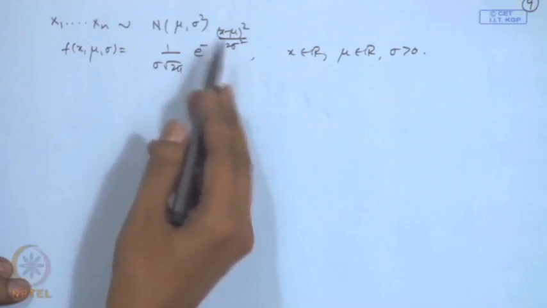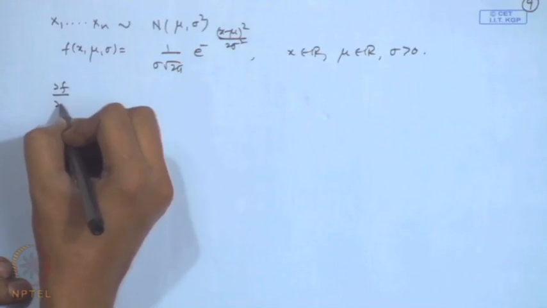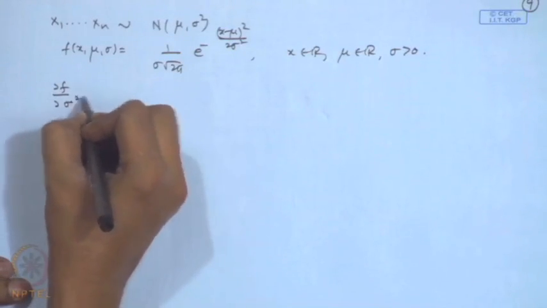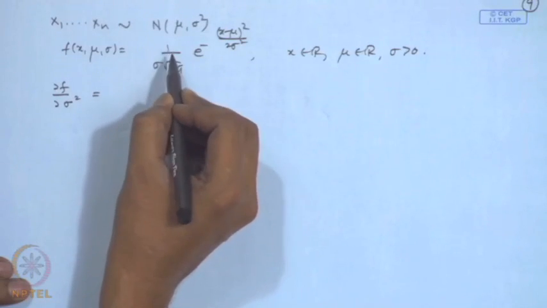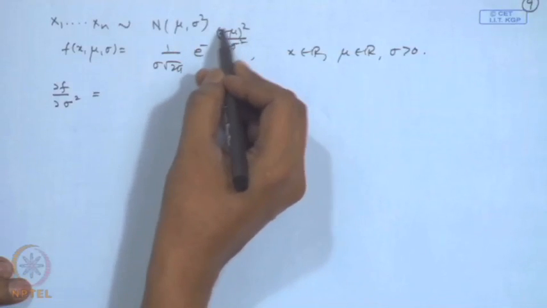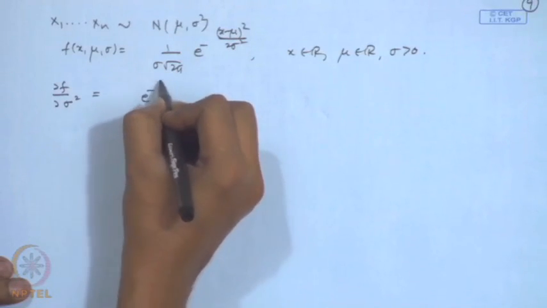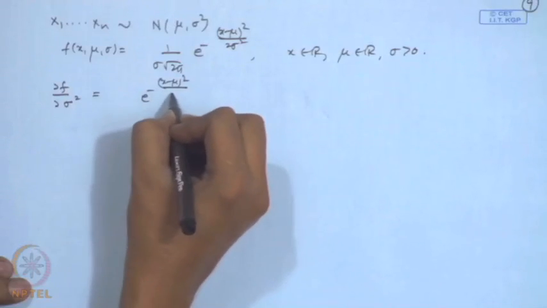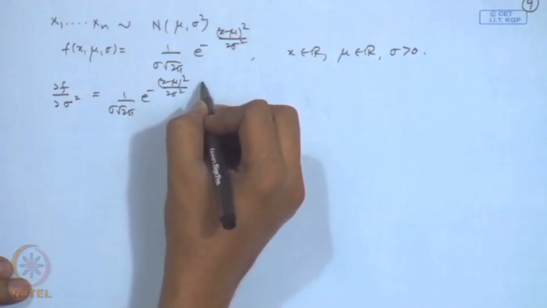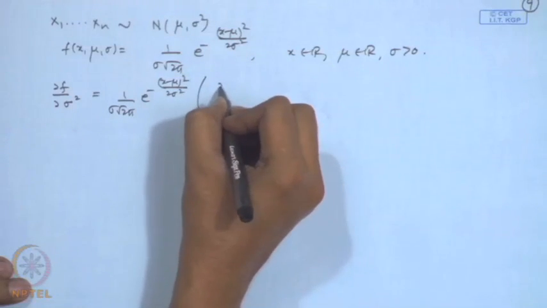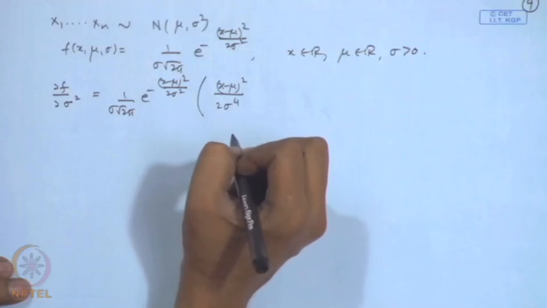So, the derivative of this with respect to sigma square, del f over del sigma square, will involve the derivative of this, that will be e to the power minus x minus mu whole square by 2 sigma square, and of course, 1 by sigma root 2 pi, and derivative of this term, that is x minus mu whole square by 2 sigma to the power 4.